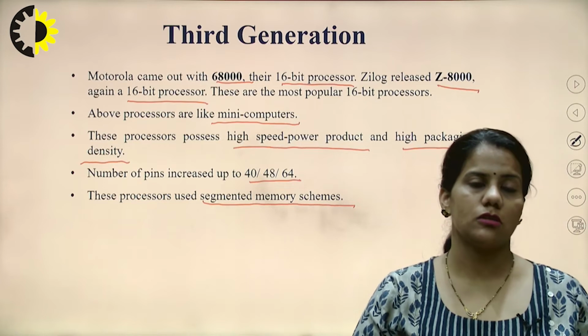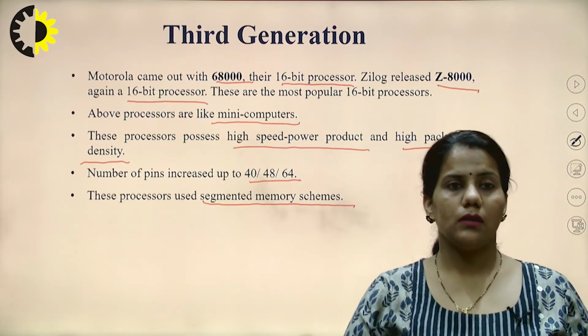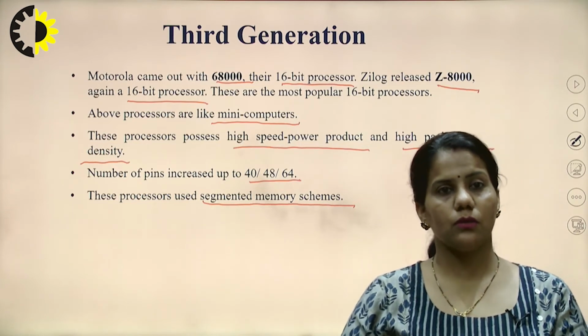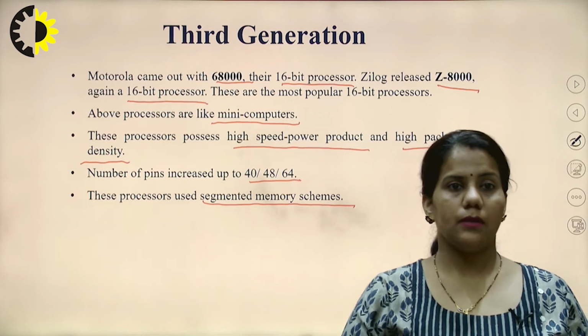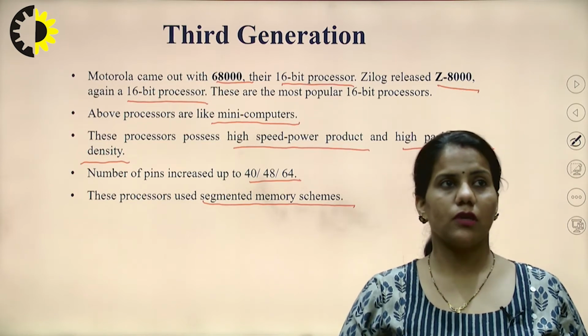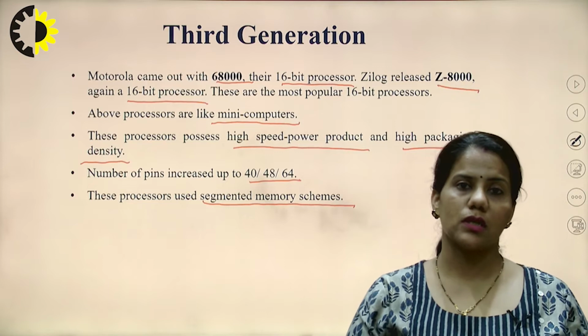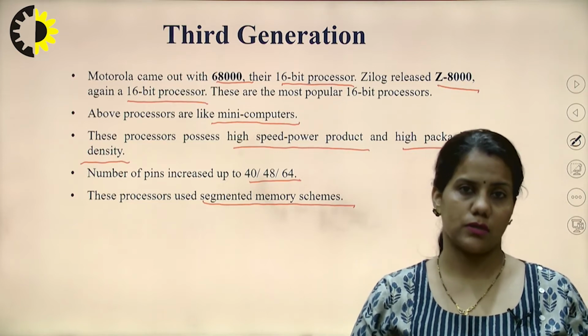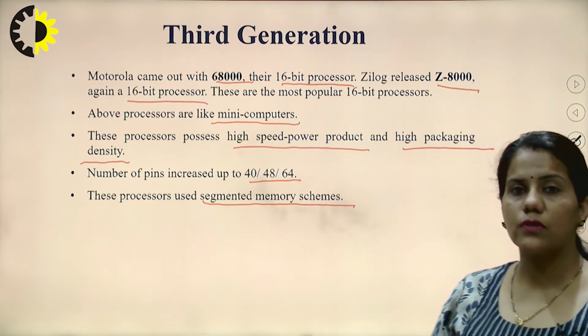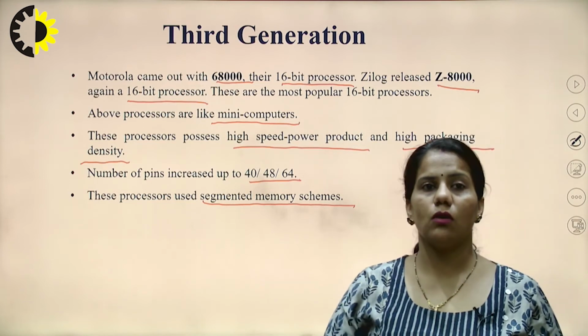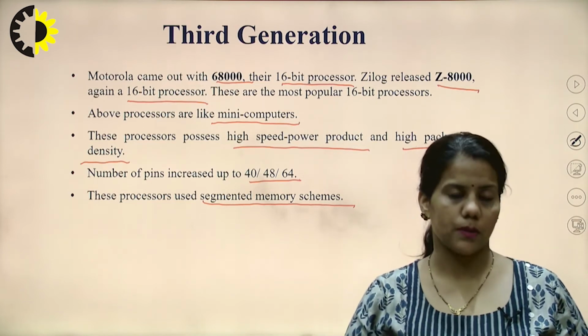That segmentation is useful in mapping the virtual memory to the physical memory, and effectively we can use all the physical memory available within the device. So, this is a very useful scheme for utilizing the whole of the available memory space efficiently.